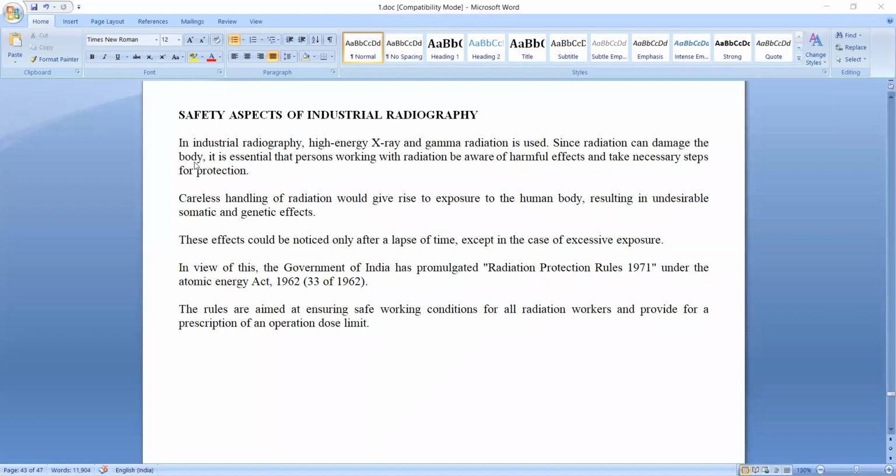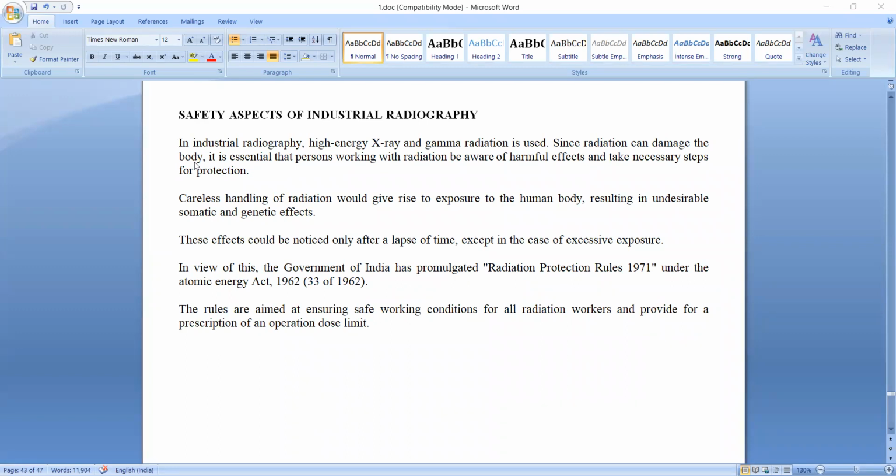Sometimes we can see the effect of radiation instantly, because high doses of radiation are exposed. Then you can easily find the effect of radiation instantly.